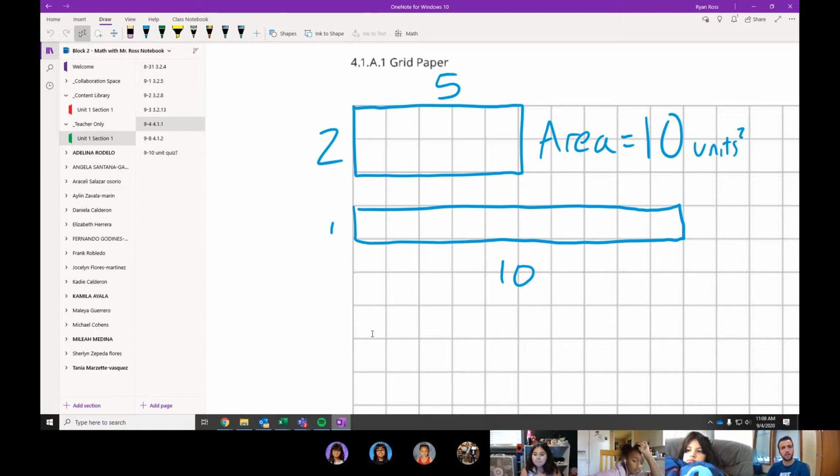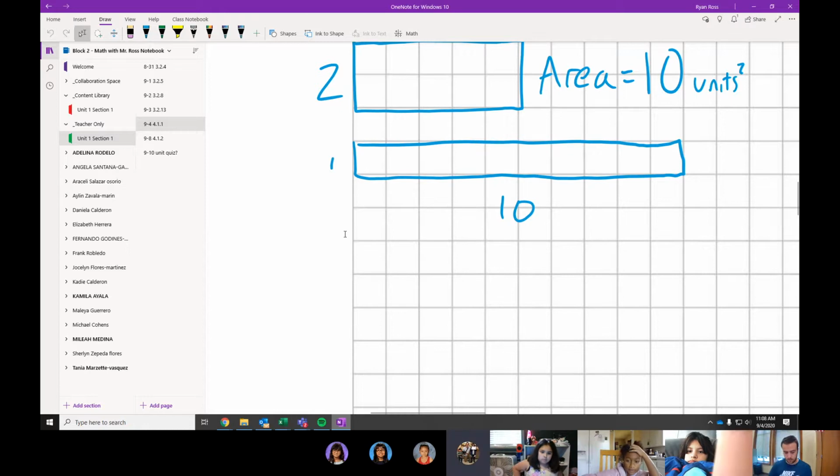I'm going to go to Camila real fast. Thank you, Malia. Camila, go for it. What's a strategy we could use? Multiplication. Okay, explain a little bit more. So you're gonna think about what makes 10.